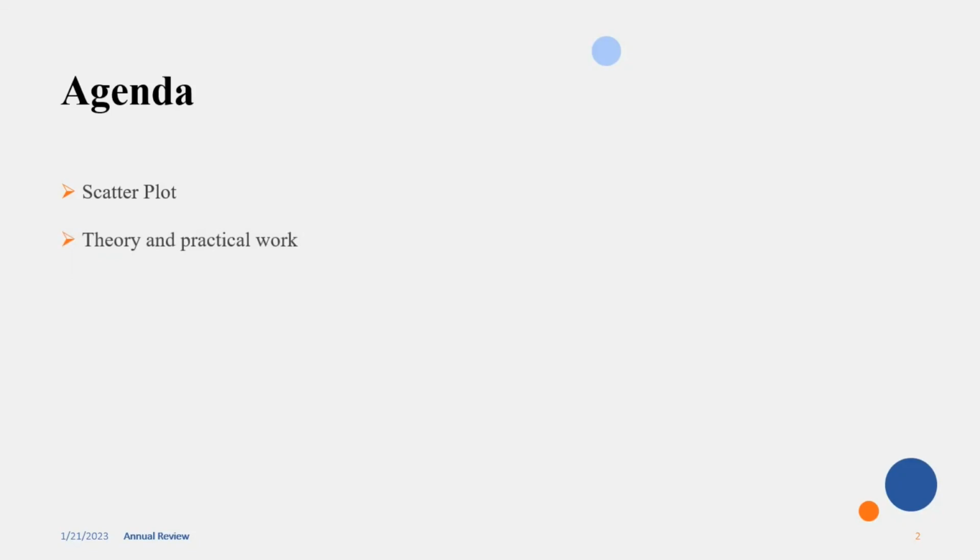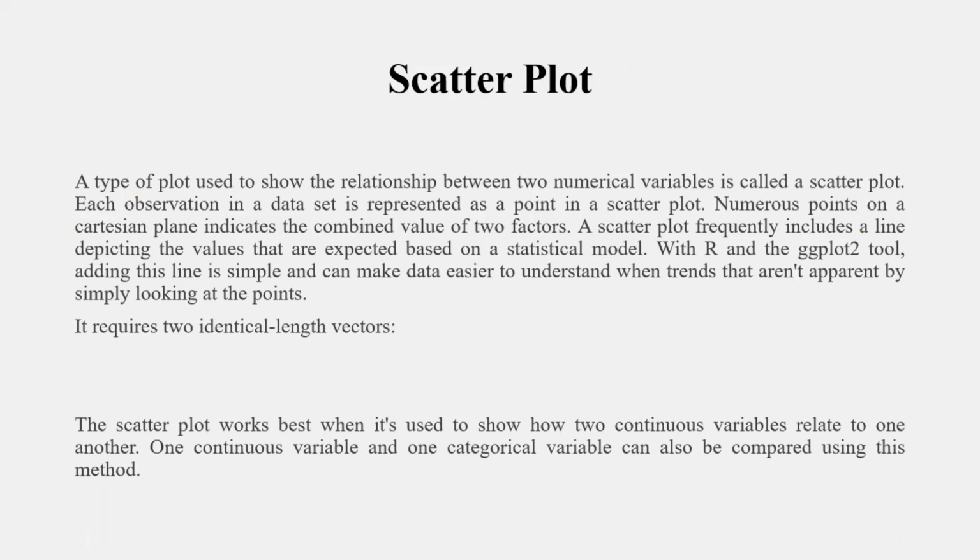Let's move forward. So what is actually a scatter plot? A type of plot used to show the relationship between two numerical variables is called a scatter plot. Each observation in the dataset is represented as a point in the scatter plot. Numerous points on a Cartesian plane indicate the combined value of two vectors.